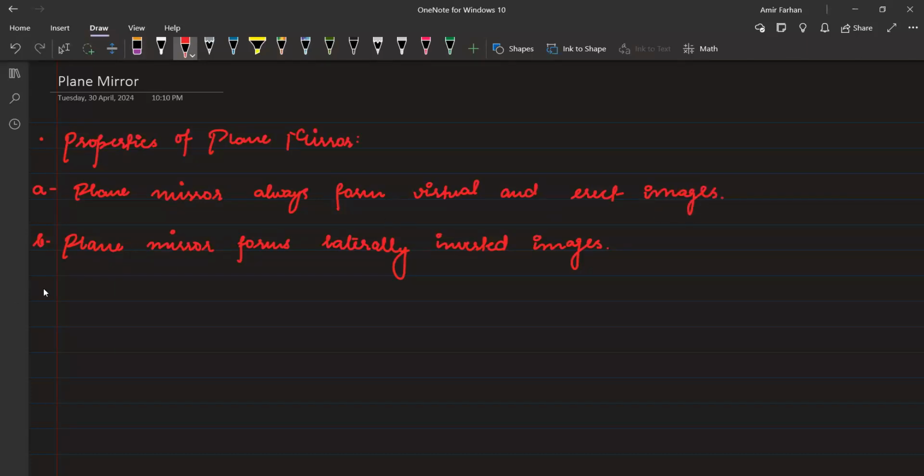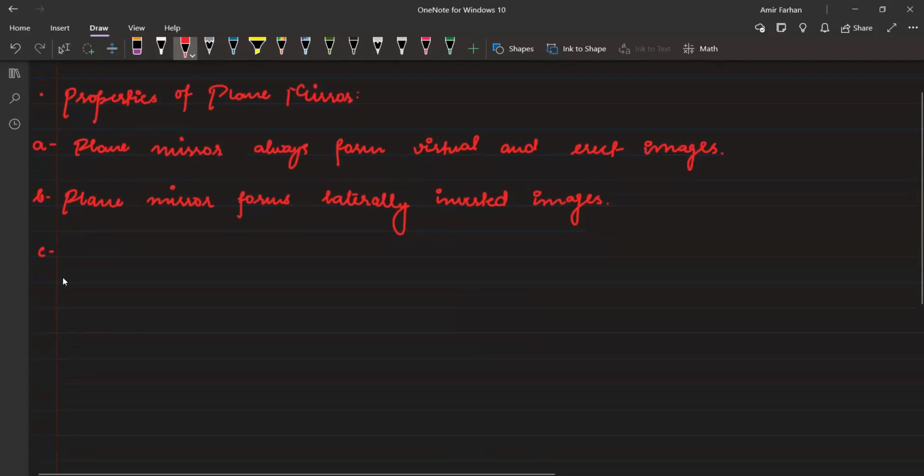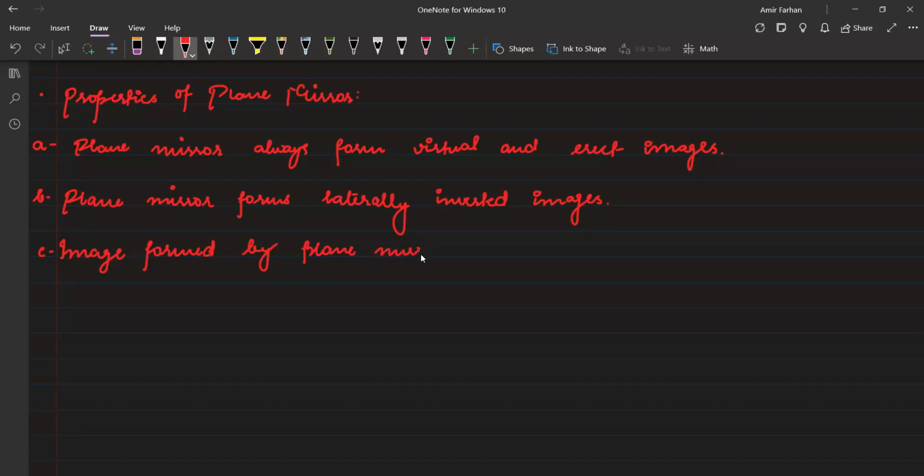Second point. Next point is that images formed by plane mirrors are of equal size to the object.